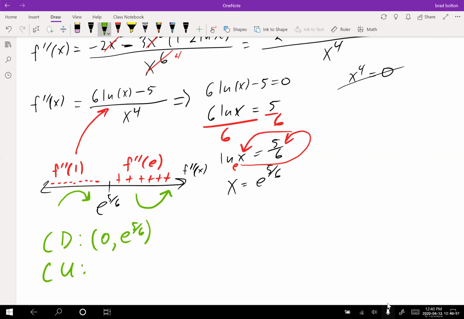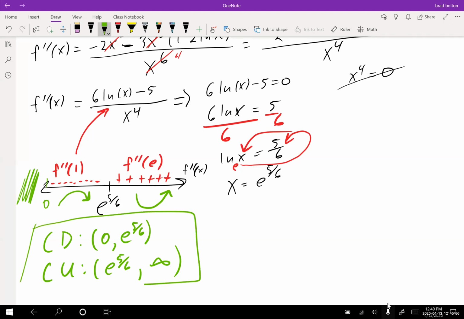Concave up will be from e to the 5/6 to infinity. And remember, we started at 0 because there's nothing over here. The graph stops basically at 0, right? Because the domain of the original function is x is greater than 0.